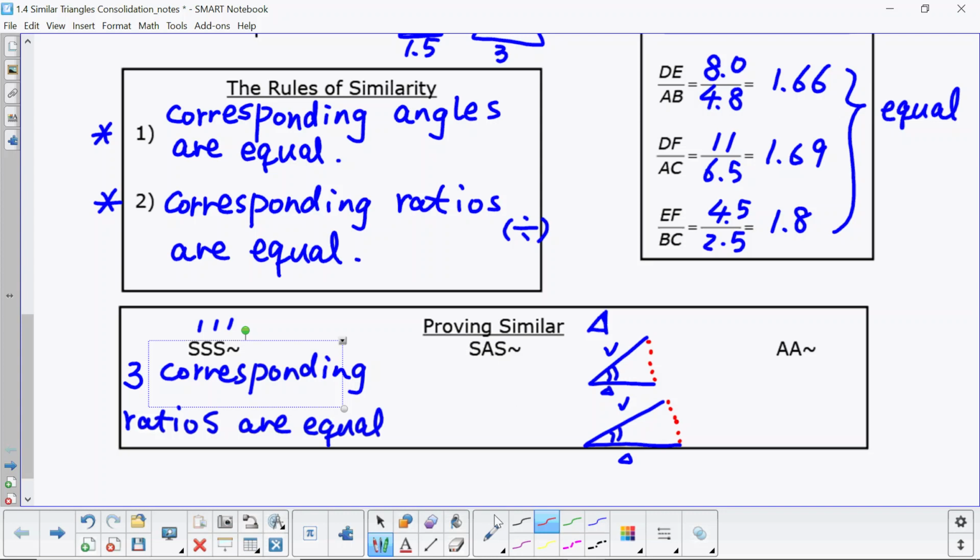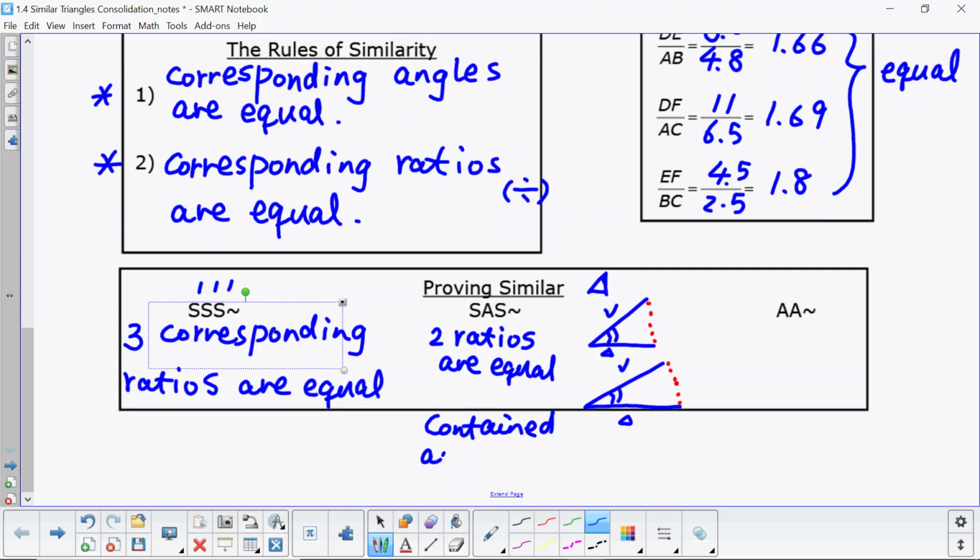So this is the second condition: two ratios are equal, and the contained angle, the angle between the two sides, are equal. Then the two triangles will be similar.